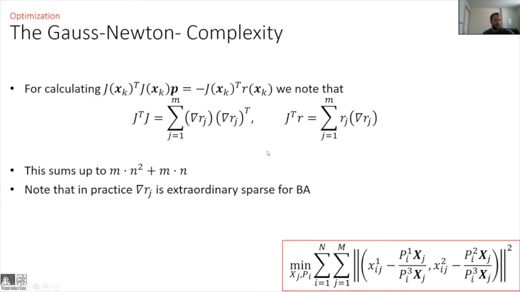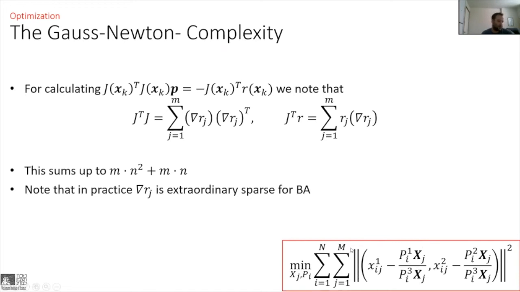But there are two things that we can take advantage of here. First, in the bundle adjustment problem, the gradient of each residual is extraordinarily sparse. Why is that? Because let's say we have a lot of points and a lot of cameras.